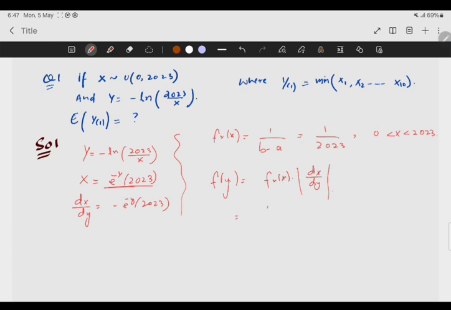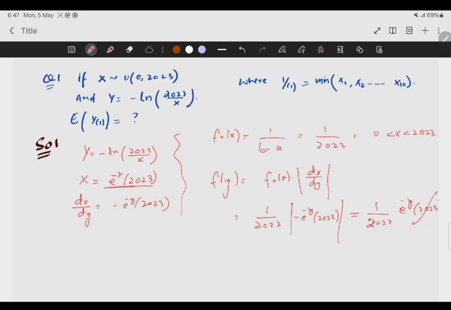So f of x is 1 upon 2023. What is dx upon dy in mod? That is minus e raised power minus y multiplied by 2023. And whenever you have the negative sign in mod, that will come out as a positive. That is nothing but e raised power minus y multiplied by 2023.